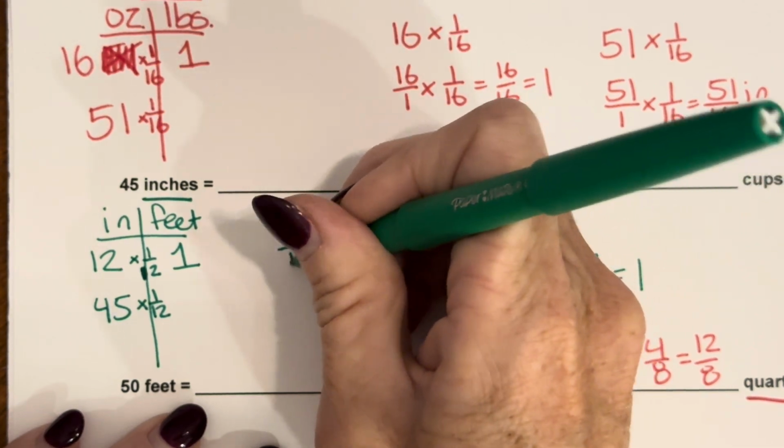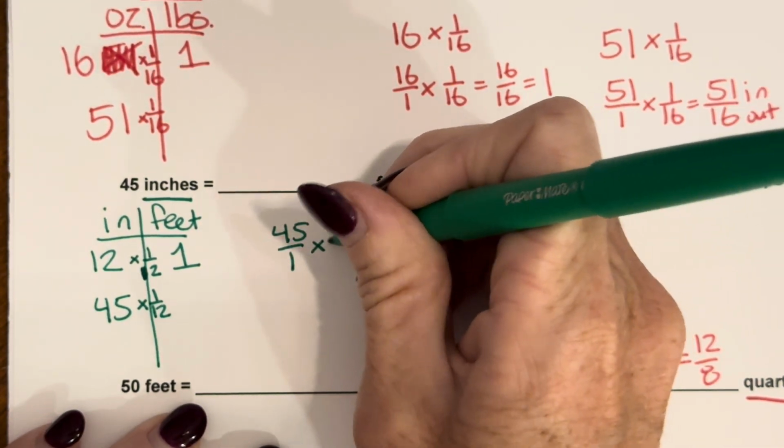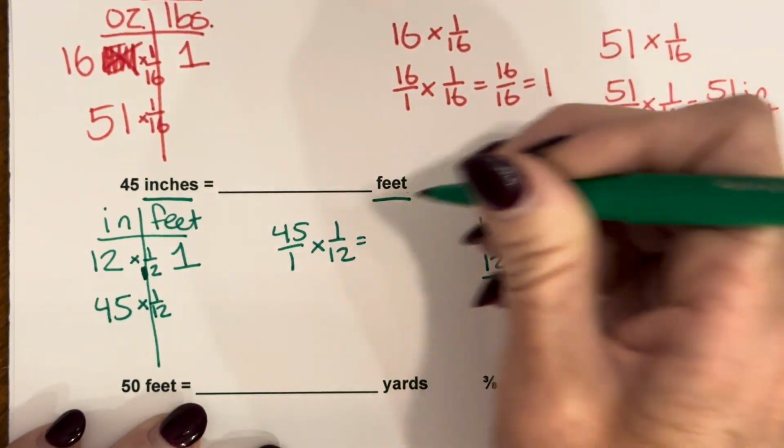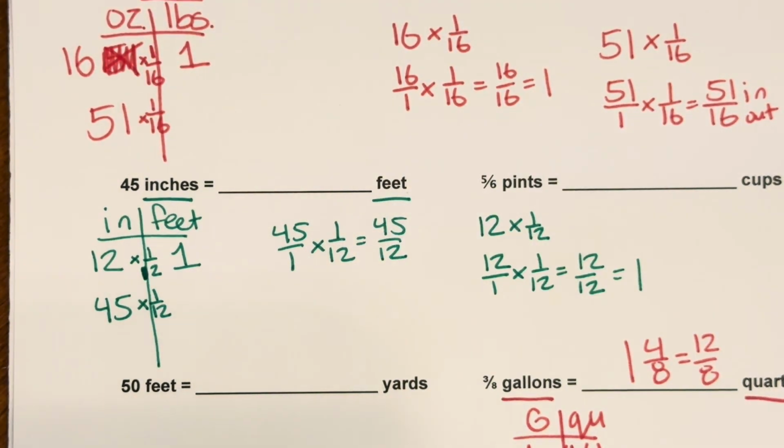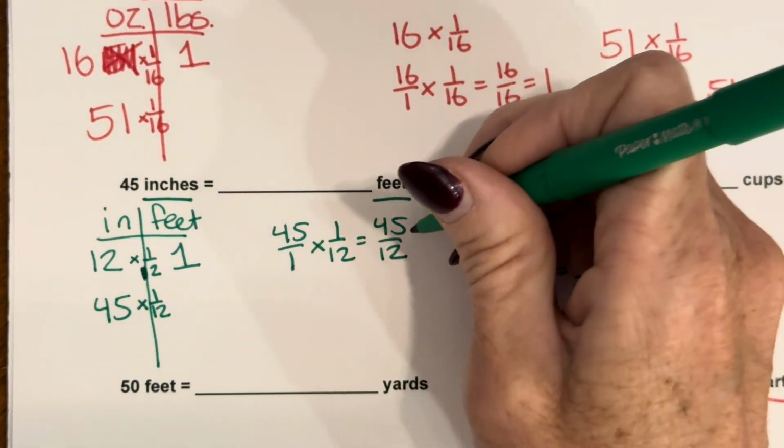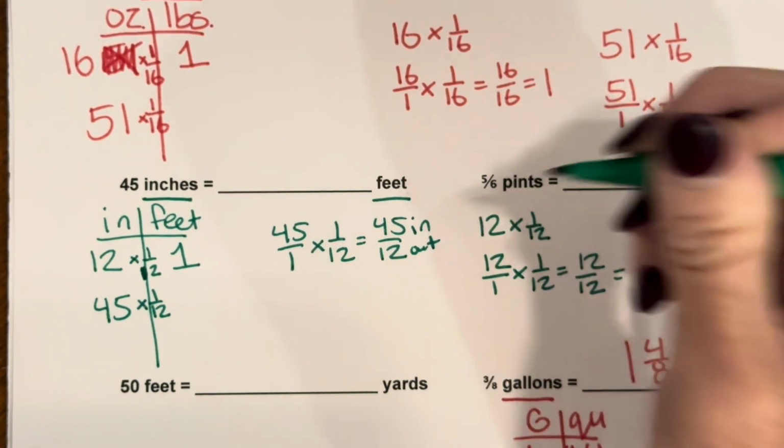What is 45 times 1/12? Well, it's 45 over 1 times 1/12, which gives us 45/12. That would be considered a greater than 1 fraction, or an improper fraction, so we can do in and out to fix that.